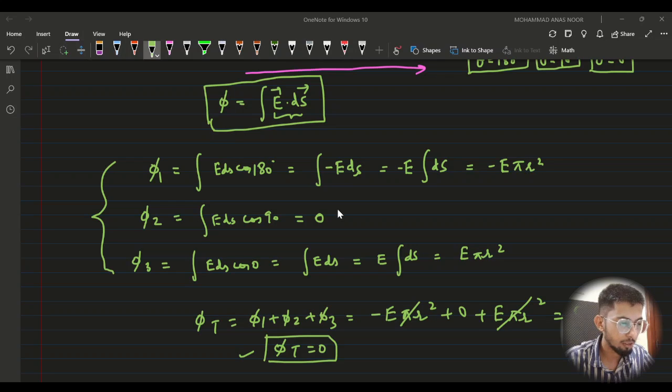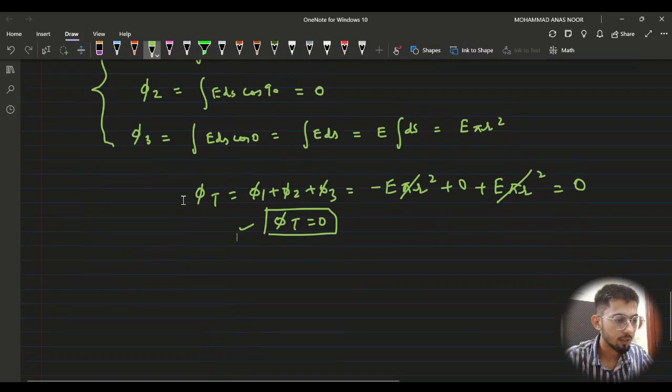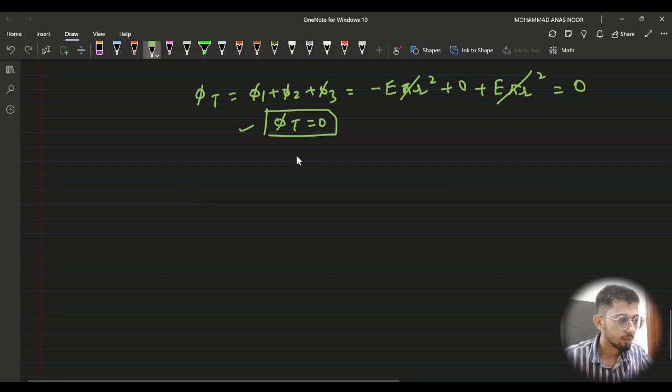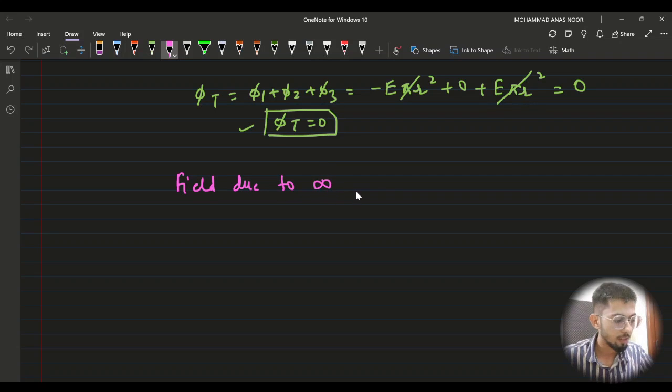Now let us do some interesting problems related to finding the electric field. First thing is, you want to find the field due to an infinitely long charged wire.